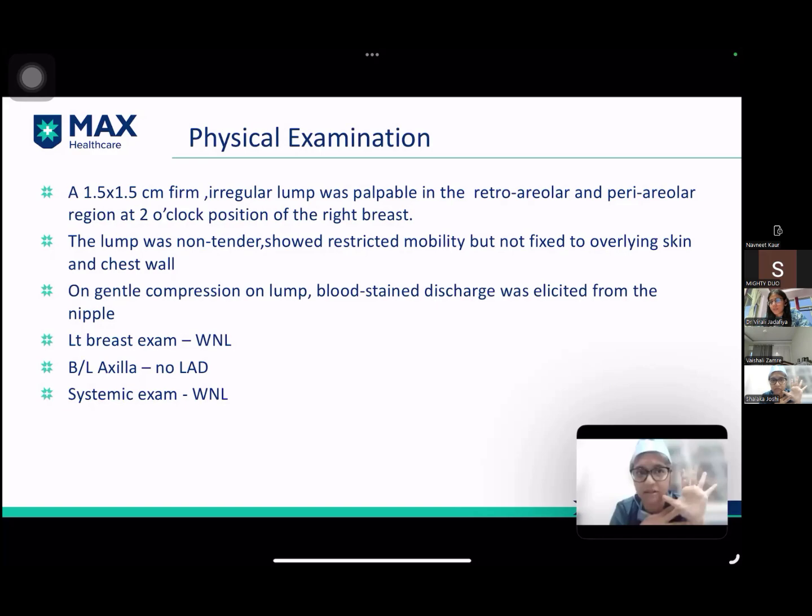Serosanguinous, blood-stained nipple discharge, not serous, sanguinous. So blood-stained, one point. Then sanguinous discharge from a single duct, unilateral breast. Okay, unilateral breast, correct. And age, age is most important, ma'am. No, before that, with respect to the discharge, you said it in your presentation, but you must be able to sum it up.